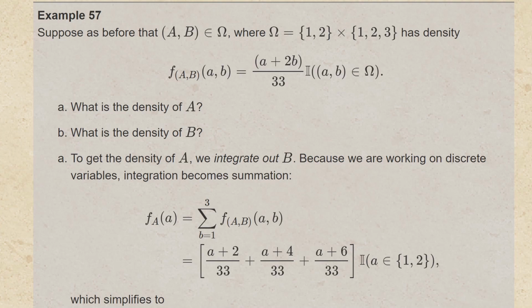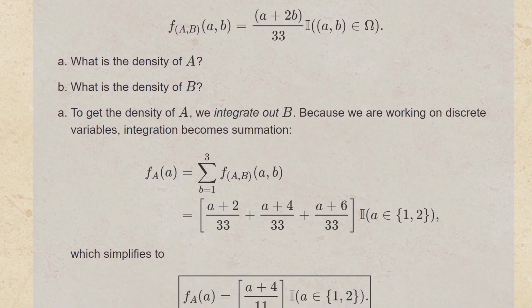Because we are working with discrete random variables, integration becomes summation. So the density of big A at little a is the sum, as b runs from 1 up to 3, of the joint density of a and b at little a and b.